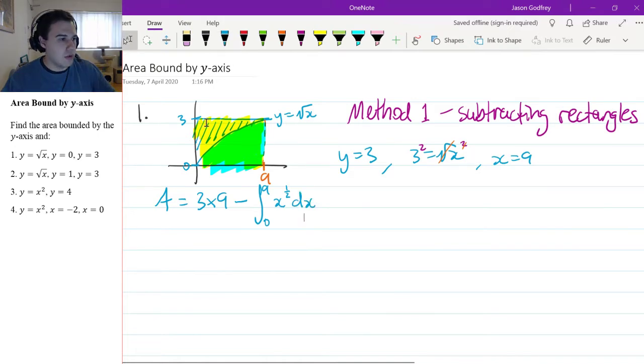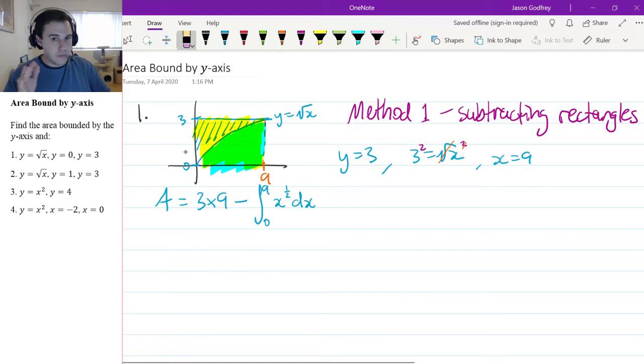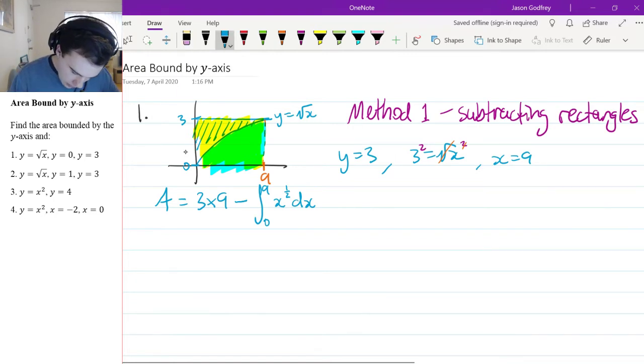And then if we do the rectangle here, that's probably misleading because that just looks like the final yellow piece. I did originally do the rectangle yellow minus the green piece. Hopefully you can visually see that. So 3 by 9, easy enough.